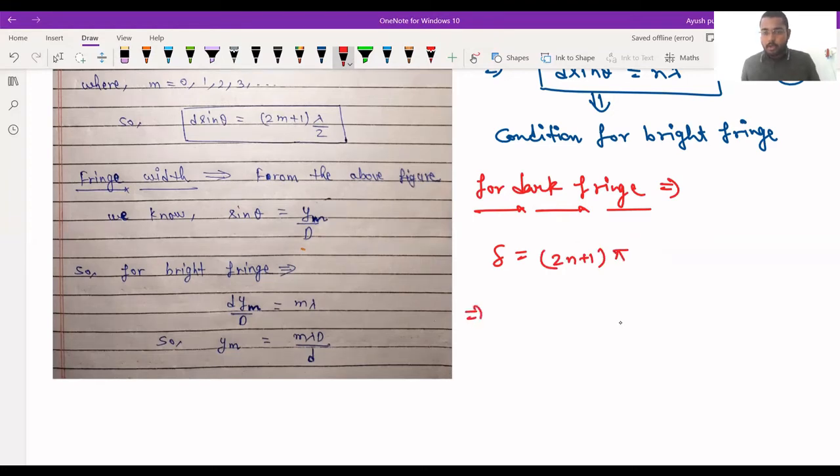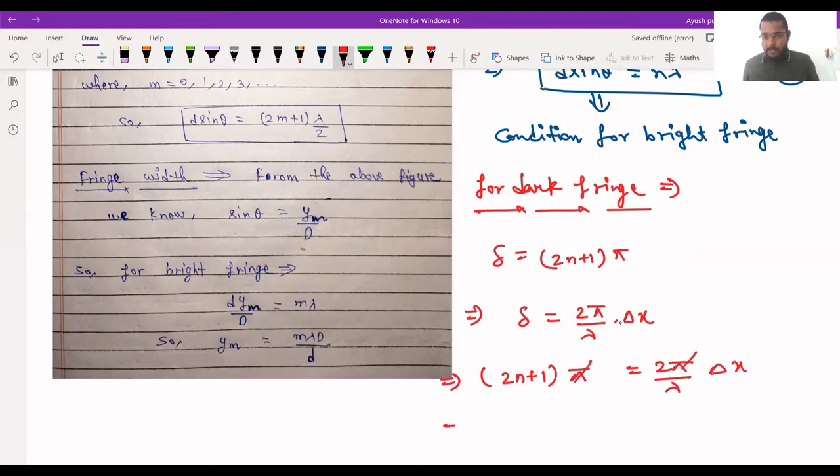We also know the relation between the phase difference and the path difference, that is delta is equal to 2 pi by lambda into delta x. So (2n plus 1) pi is equal to 2 pi divided by lambda into delta x. We cancel pi from both sides and are left with delta x equal to (n plus half) into lambda.